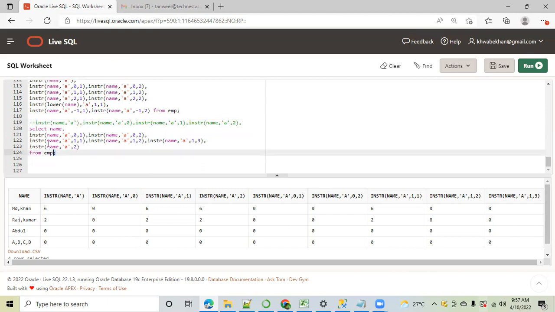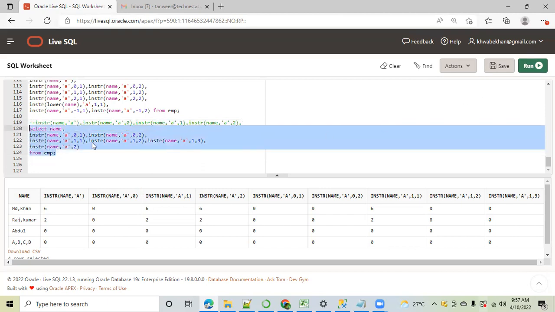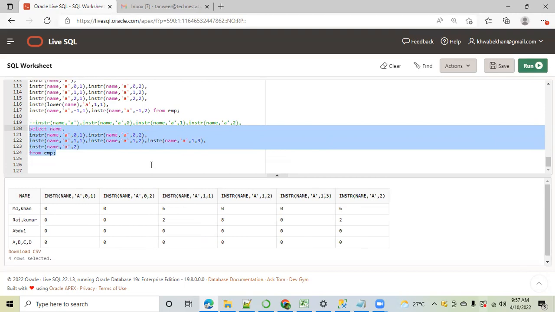This is fine. I'm changing the third argument now. The fourth argument is clear to everyone, that will tell you the occurrence. A comma 2, the value is the same, 6. A is coming at the 6th position, A is coming at the 2nd position and all those things.